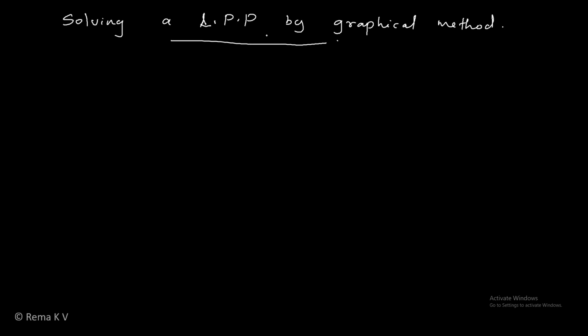Solving a linear programming problem by graphical method. First step is to find the feasible region.